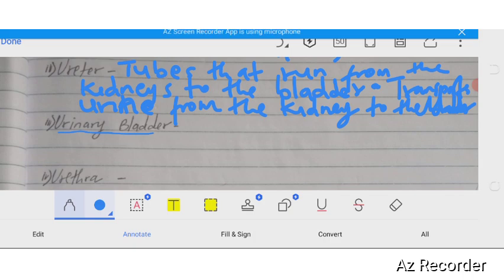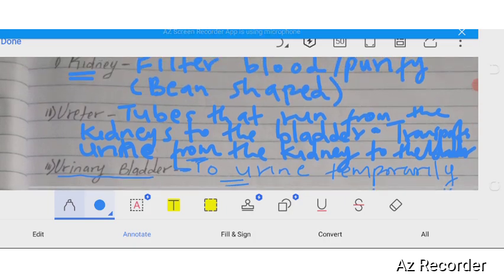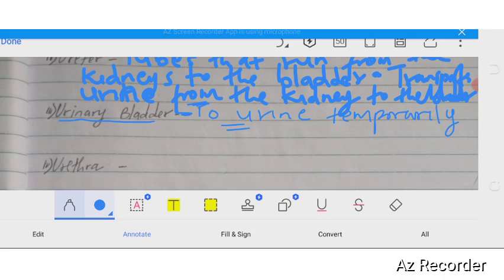The main function of the urinary bladder is to store urine temporarily, so that after some time, when it's full, the urine will get outside of the body.